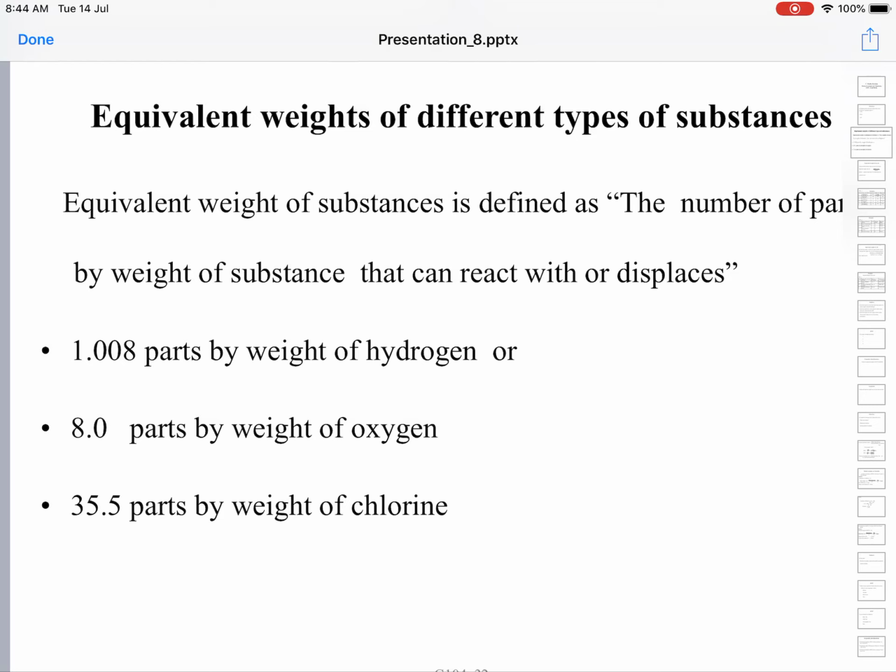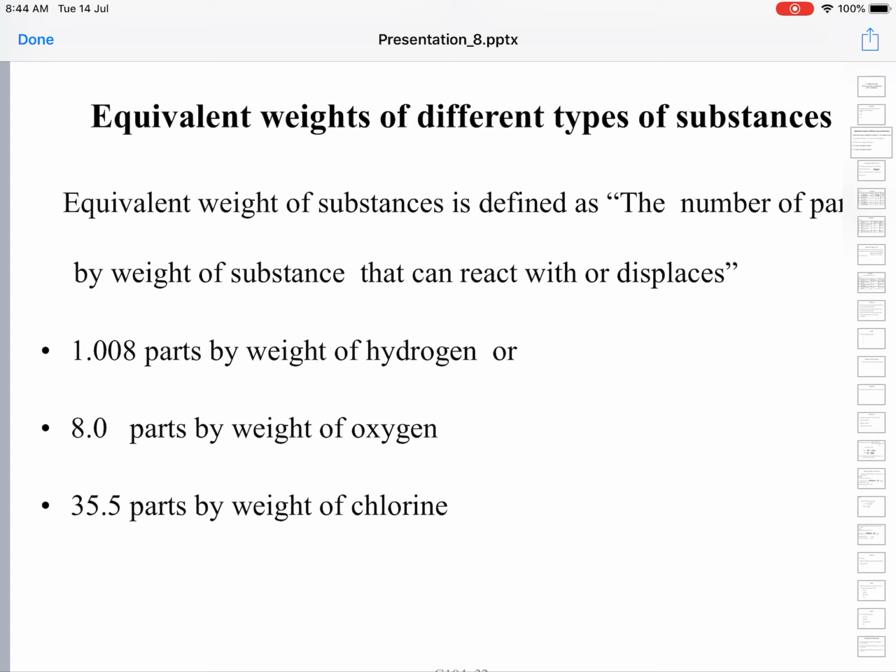Equivalent weight is defined as the number of parts by weight of the substance that can react with or displace 1.008 parts by weight of hydrogen.